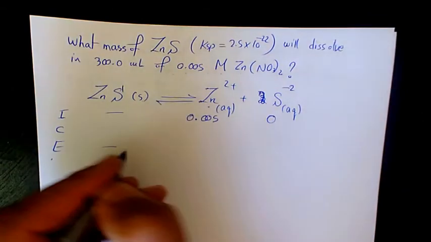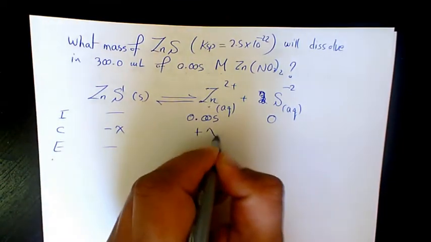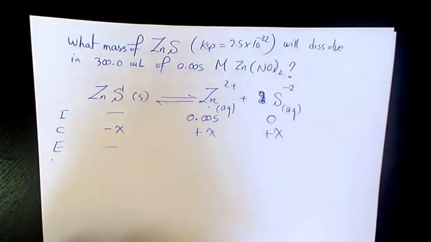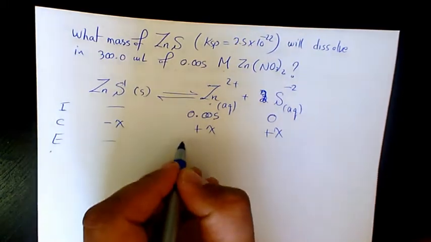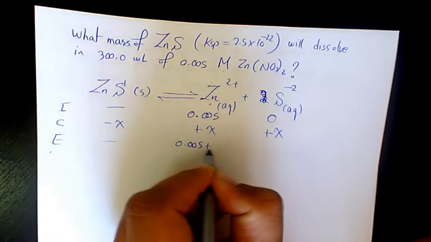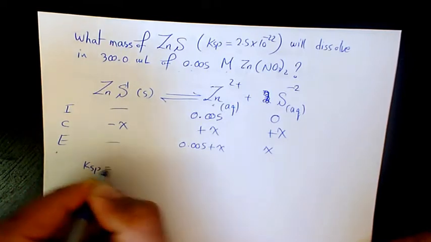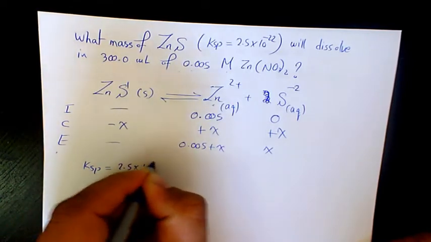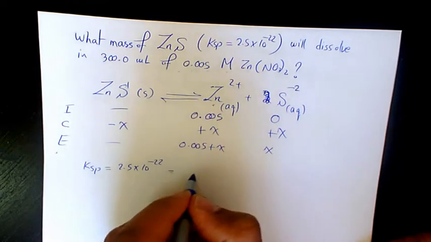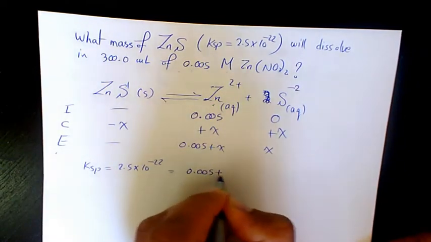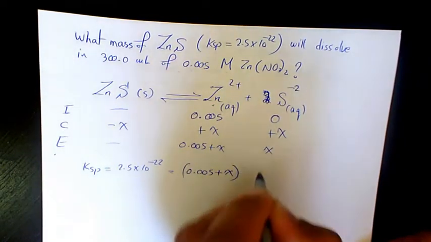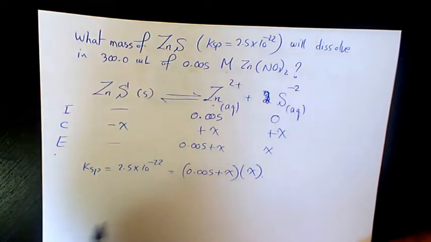Then change is going to be negative x, plus x, plus x. Equilibrium is going to be 0.005 plus x, and here is going to be x. So KSP equals 2.5 times 10 to the power of negative 22 equals 0.005 plus x to the power of 1 times x.